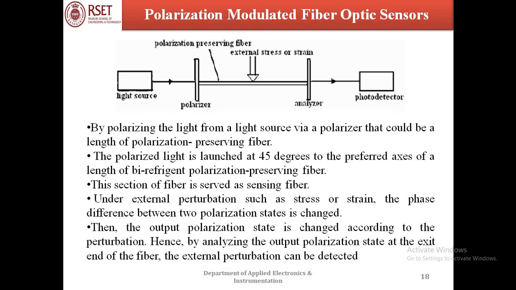This section of the fiber serves as the sensing fiber. Under external perturbation such as stress or strain, the phase difference between two polarization states is changed. Then the output polarization state is changed according to the perturbation. Hence, by analyzing the output polarization state at the exit end of the fiber, the external perturbation can be detected.